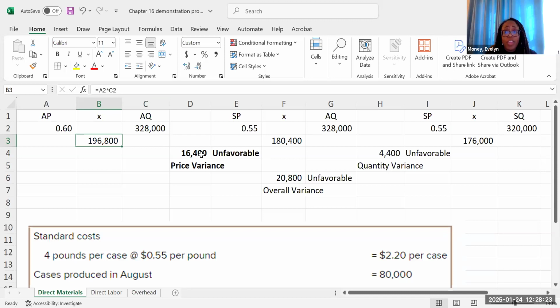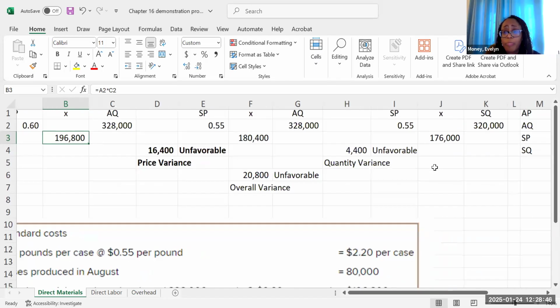Now you want to make sure that you are subtracting the standard from the actual, because that way your negatives and positives will tell you the truth. Remember, a positive represents us overspending. A negative represents a cost saving, so we like negatives. So this price variance is unfavorable.